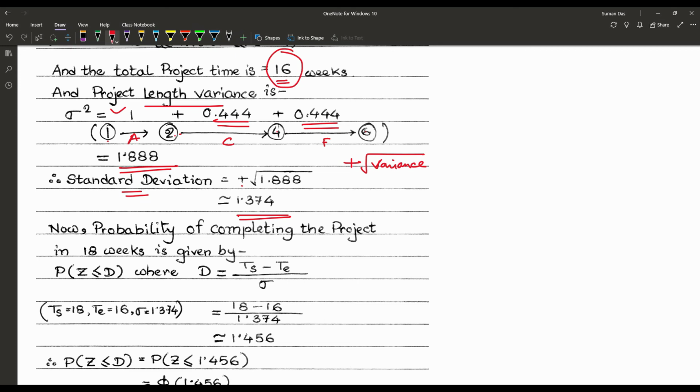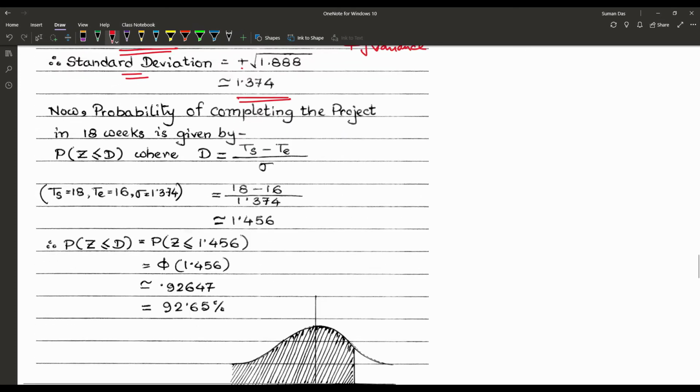Now the next question: what is the probability of completing the project in 18 weeks? We have to find the probability using the normal density curve.